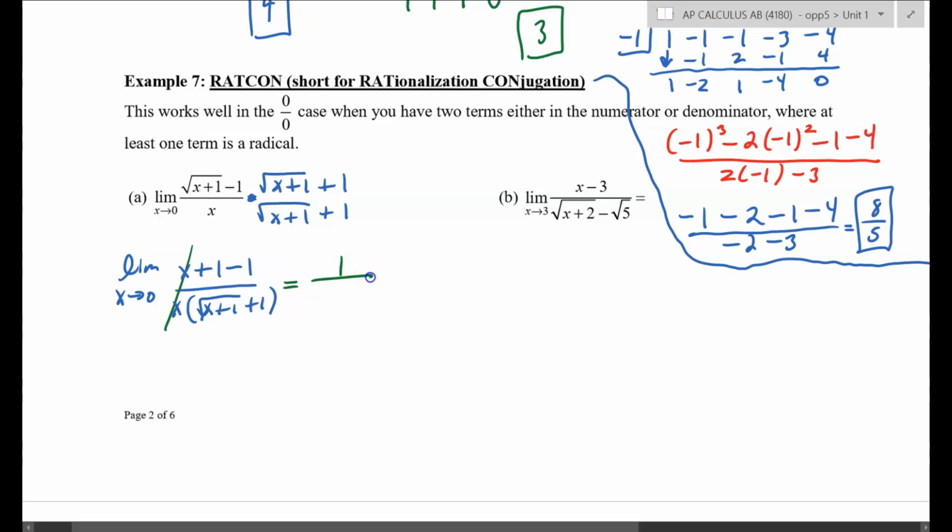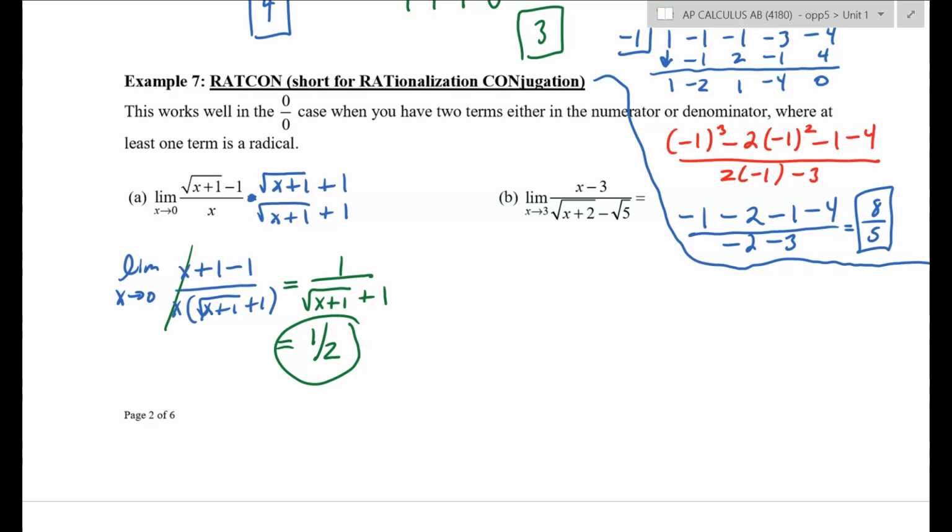To be 1 over radical x plus 1 plus 1. Guys, what happens if I plug in 0 now? I get 1 over radical 1 plus 1, which is the same as, so I have 1/2. Right?